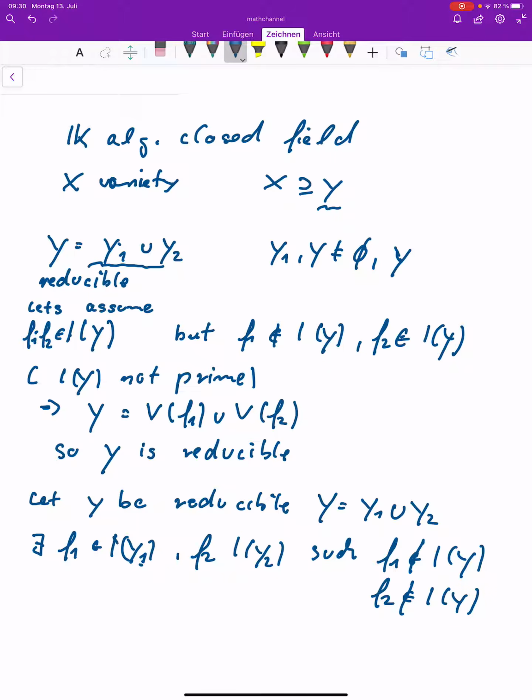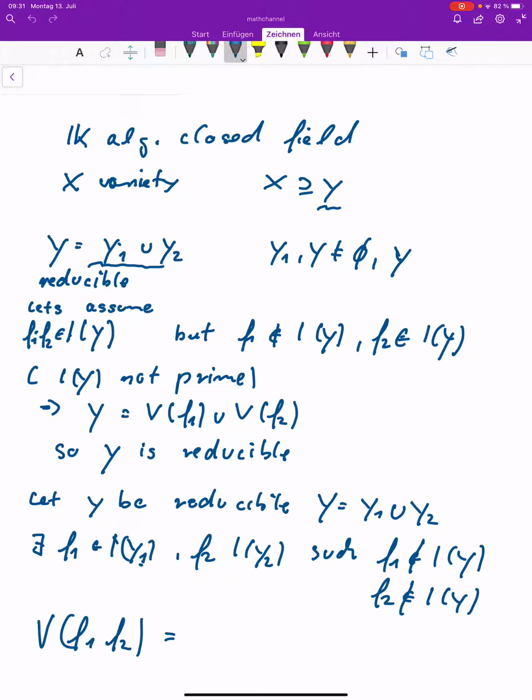And the product f1 times f2, well, the vanishing set of this product f1 f2 is the union of the vanishing sets of f1 and f2.